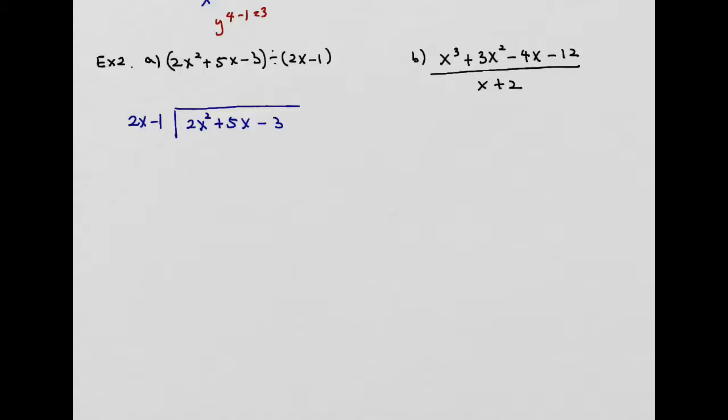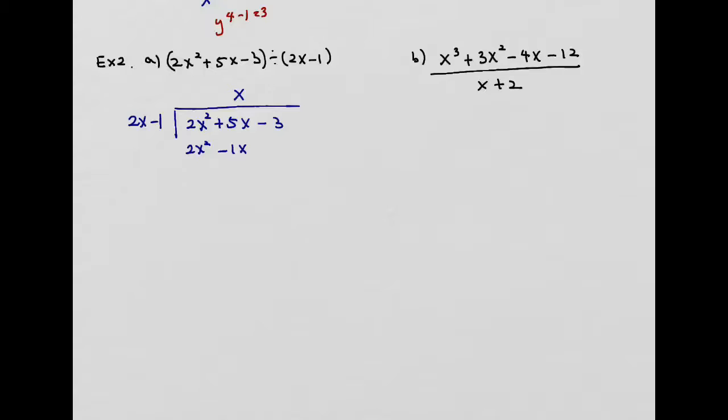So you multiply by x, and write it on top, in line with the x term. Once you decide what to multiply, you multiply x times 2x minus 1. So then you get 2x squared minus 1x, right?